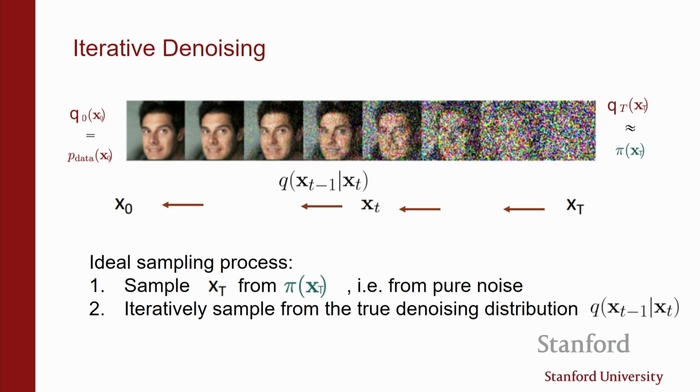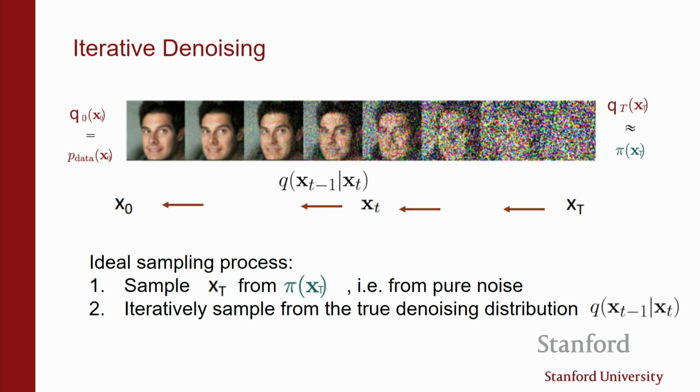Gaussian defined in terms of the Q that, given an xt minus 1, you define the next one by just adding noise to it. We could try to generate samples by inverting this process.